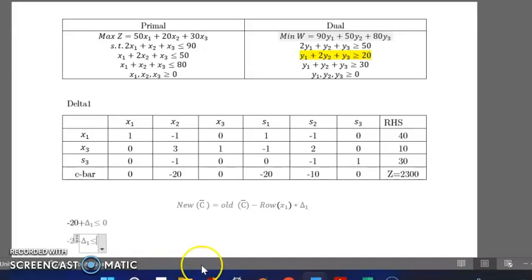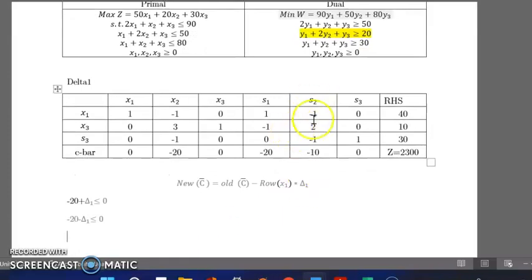This one also has to be negative. And for S2, the new value is minus 10 minus 1, so it's plus delta 1. This one has to be less than or equal to 0.